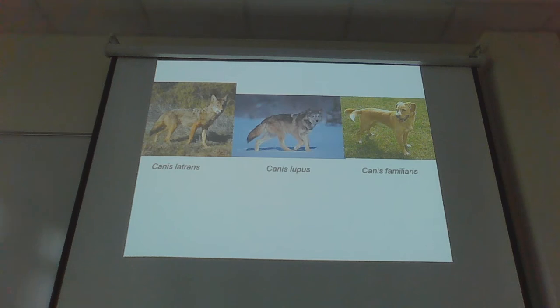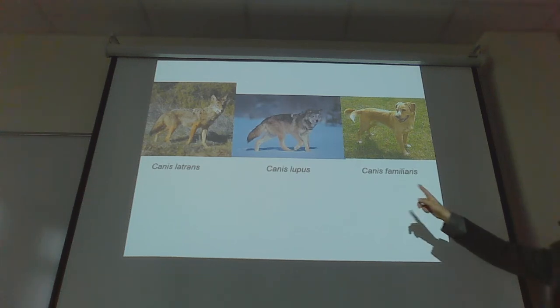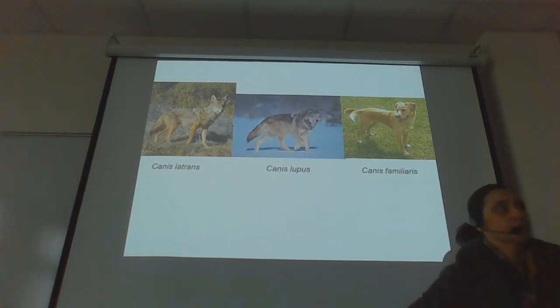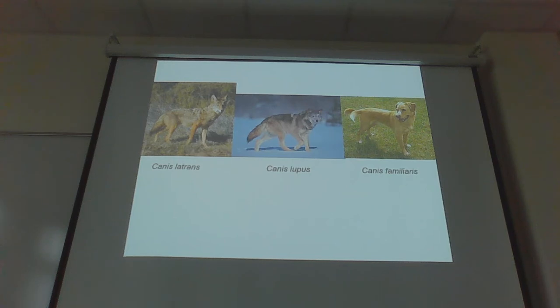Good. So we'll talk about this pretty soon, but just keep this in mind. These three are three different species for a very specific reason, not because I think they look different enough. It won't be very scientific to base it on an opinion.